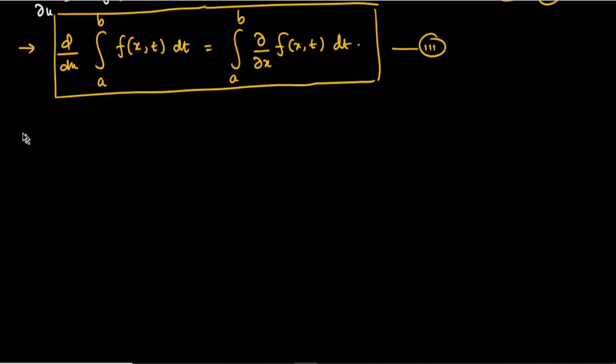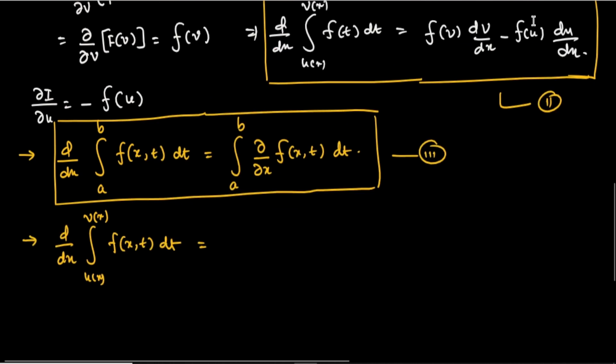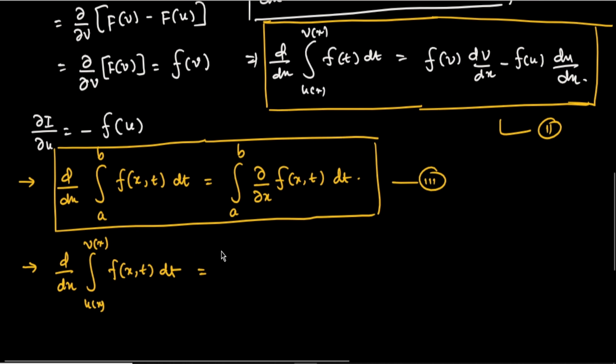So now our problem is on the differentiation with respect to x where both limits are functions of x and the function is f of x comma t, dt. We are combining both equation 2 and 3, then we can get the result of this expression. It is our final expression.